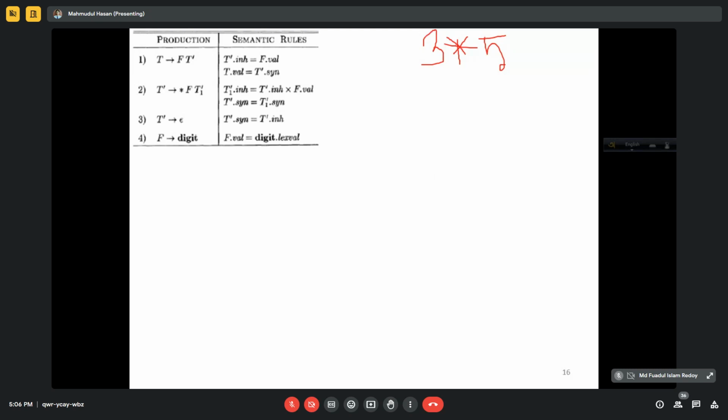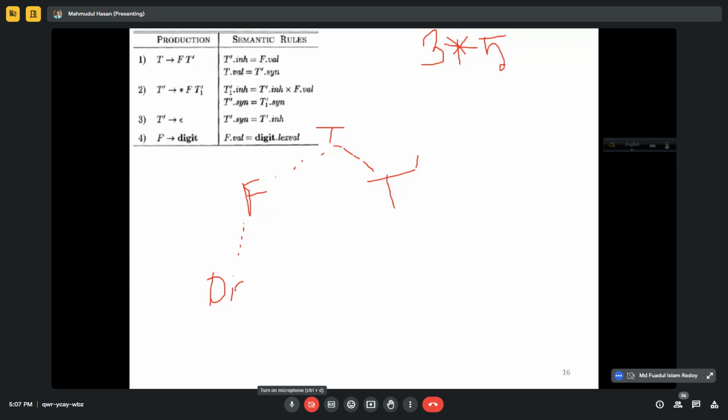At first you need to draw the parse tree using dotted lines. That is T, F, and that is T dash, and yes, this is the conventional way.